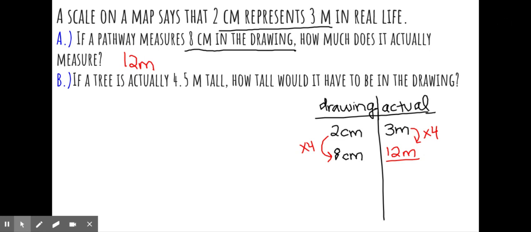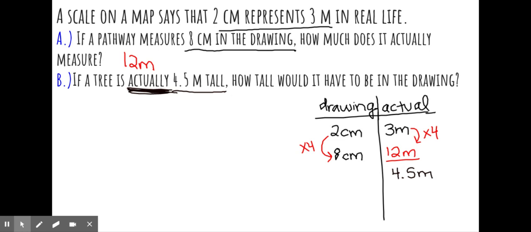Now part B says if a tree is actually 4.5 meters tall, how tall would it have to be in the drawing? So they tell us 4.5 meters tall is the actual distance, the real life distance. So that number has to go on the actual side.